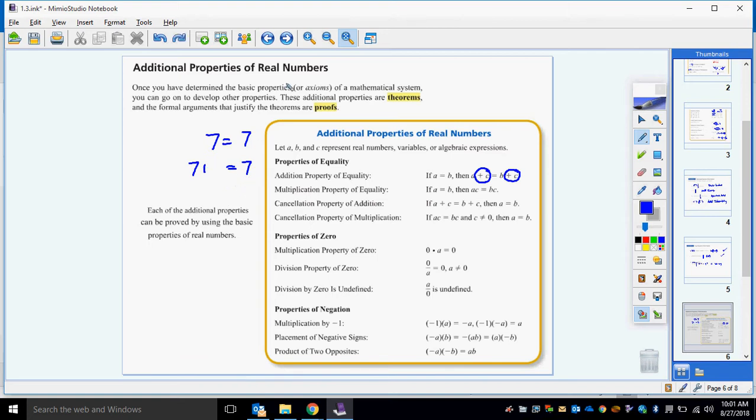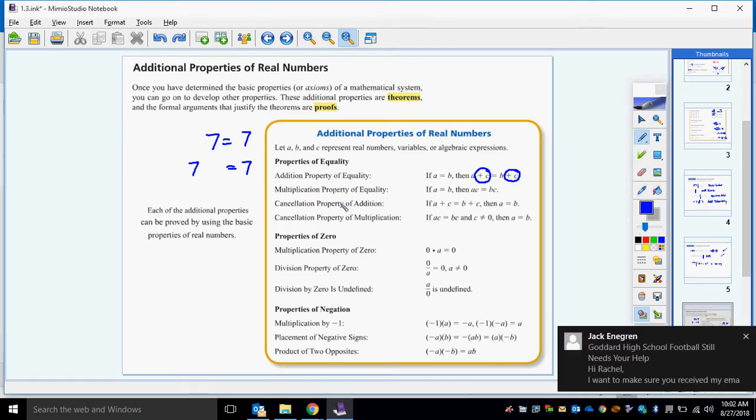Multiplication property is the exact same thing, except instead of adding to both sides, you multiply by the same number. So let's multiply by 2 on both sides. Is it still equal? Yeah, it's still 14 and 14. And the same is true for subtraction, but now it's not called the subtraction property. Instead of adding something, we're going to be taking away.